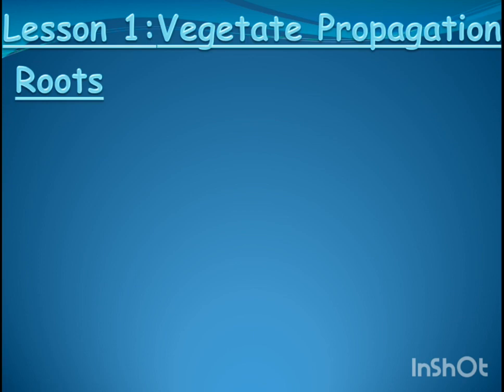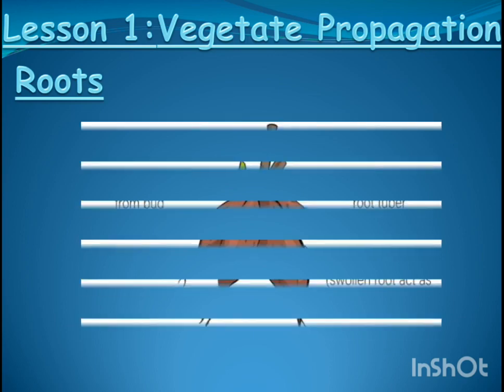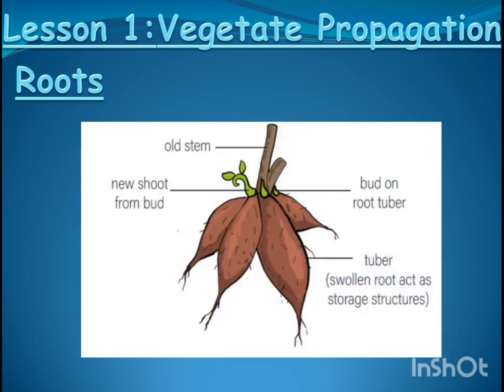If you see, children, some of the roots have buds on them, and the roots are swollen. They look fat and swollen. Can you see the swollen roots? Those roots are called tubers, and they store food in them.